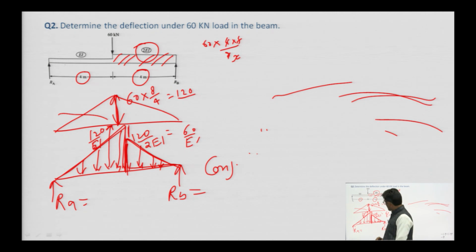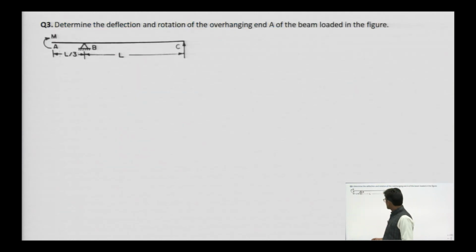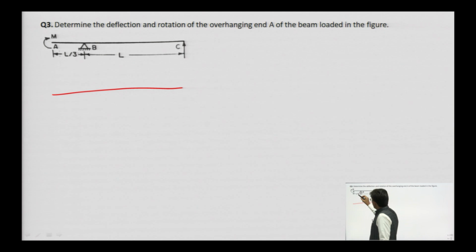So we will do as we did in the previous question. Let us make the conjugate beam of this one. This is the given beam, then let us plot its BMD. Since it is M, M will be constant here.